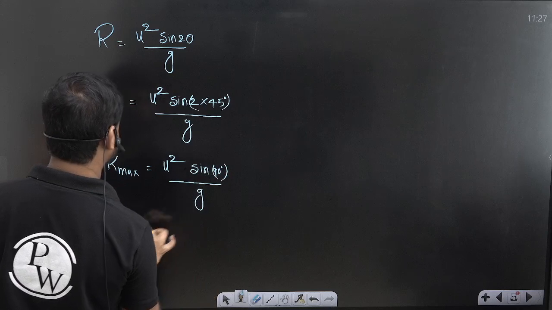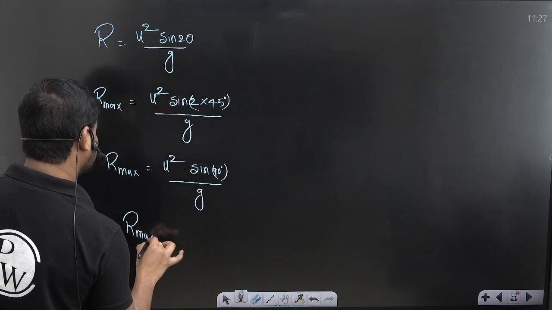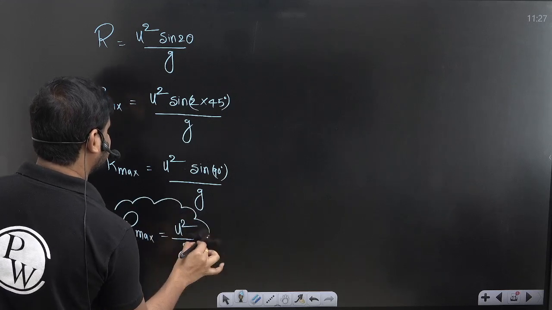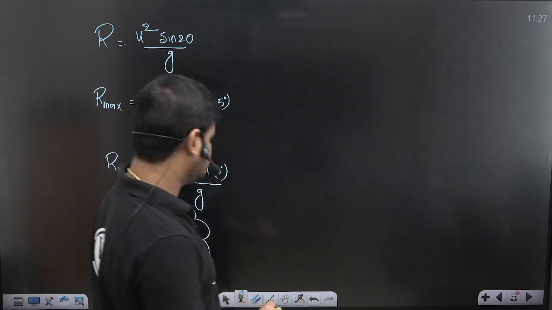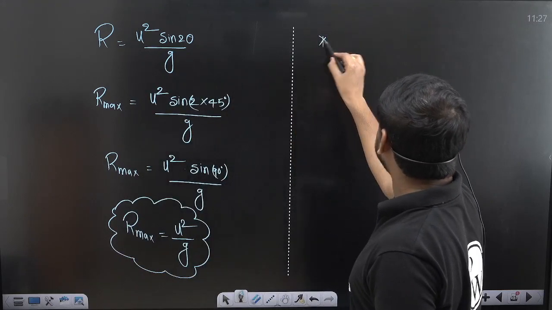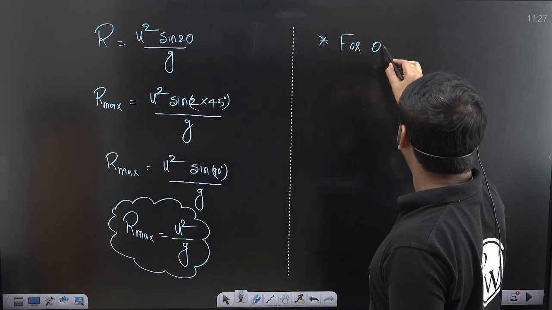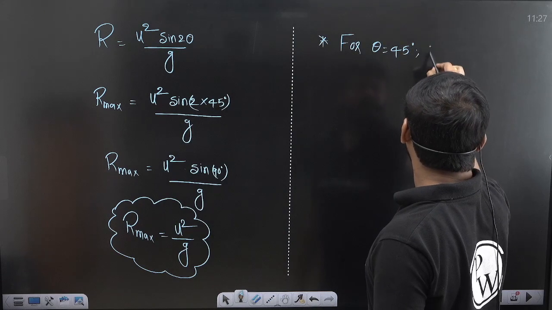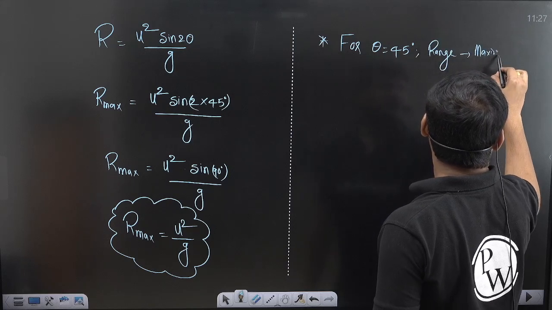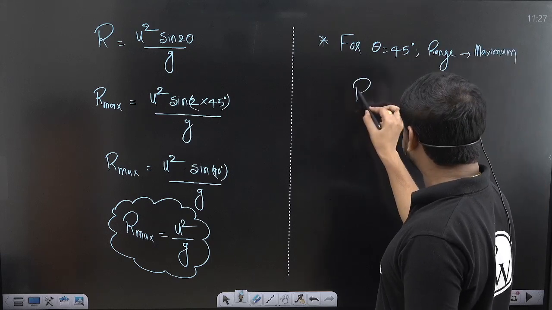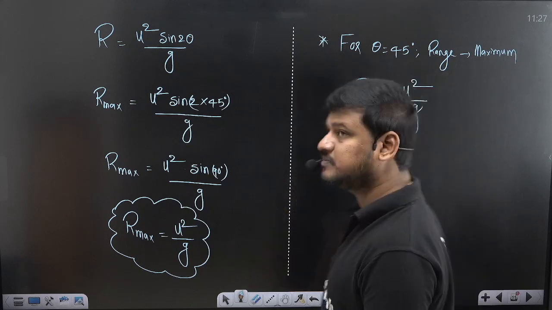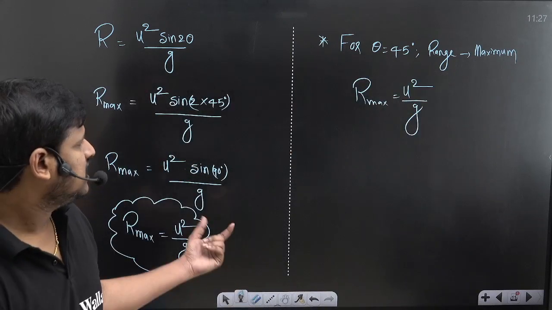So therefore R max is equal to U square by G. Two standard results you have to remember from here: for theta equal to 45 degrees, the range will be maximum, and that maximum range is U square by G. Clear?